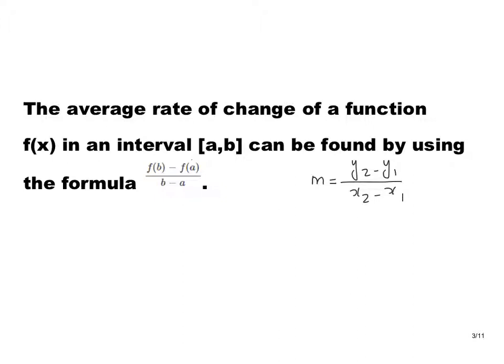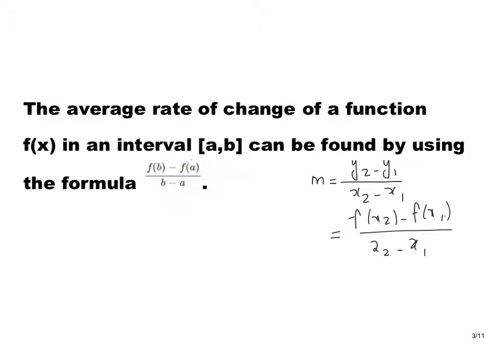But remember, y2 and y1 were 2 points on the curve which were corresponding to the x values x2 and x1. So I can write this equation as f of x2 minus f of x1 divided by x2 minus x1. This is a familiar formula that you saw since grade 9.